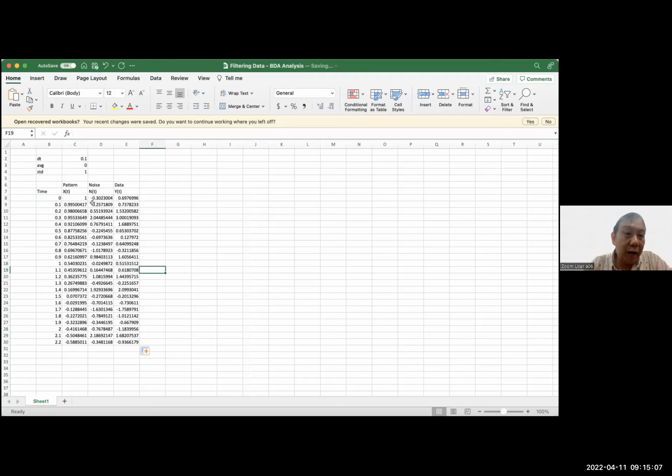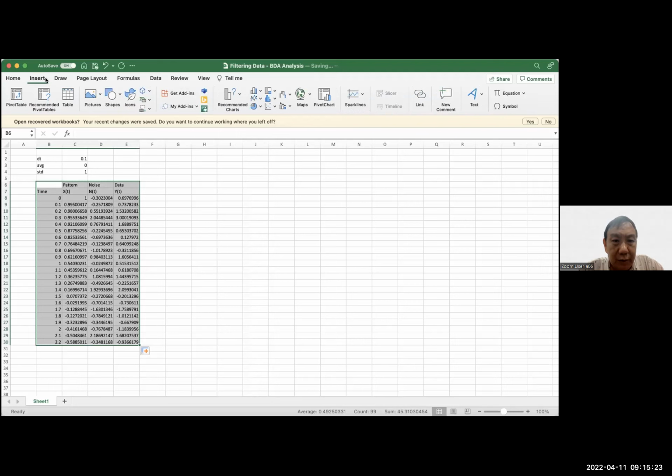You can plot the time up to the data. Yeah, the whole thing, you can just plot. Insert scatter plot. Okay. Yeah, just scatter plot.